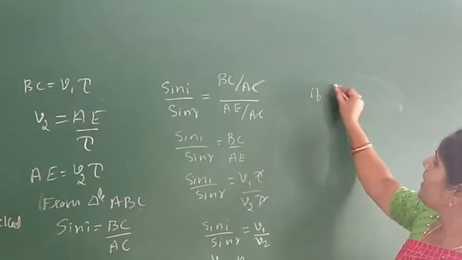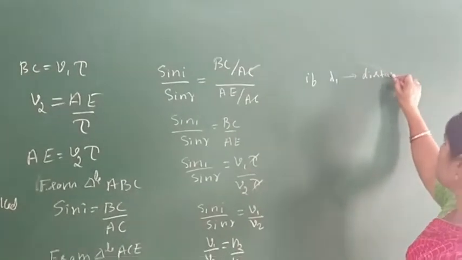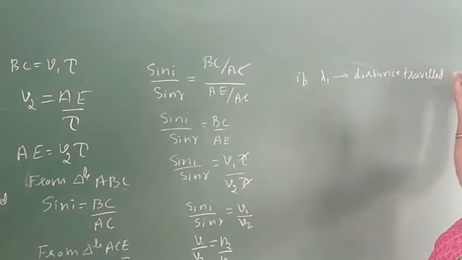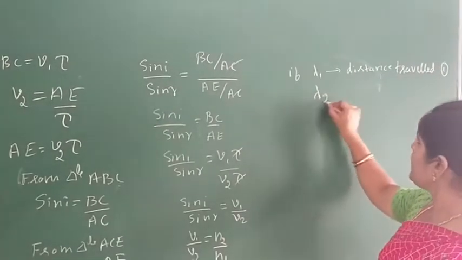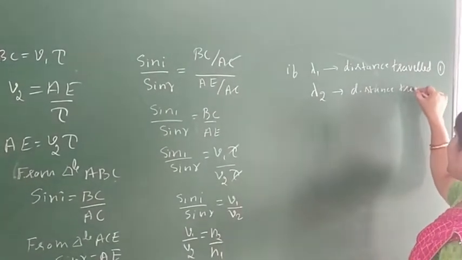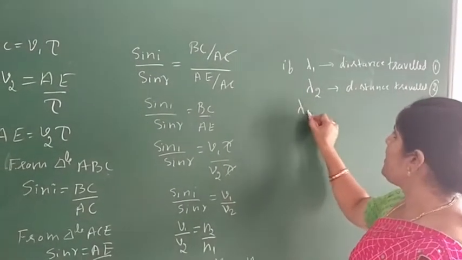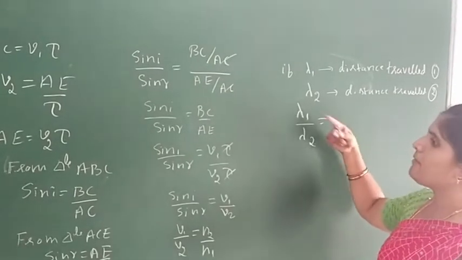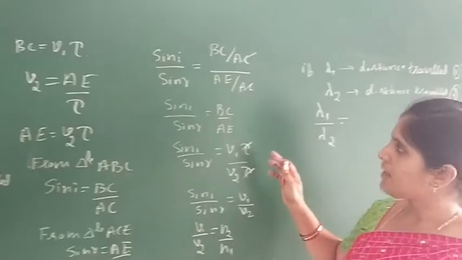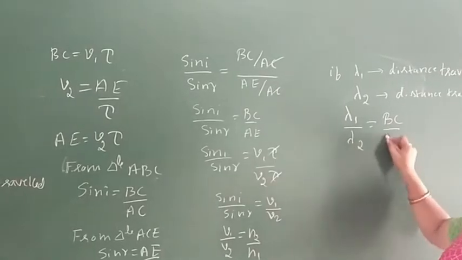Suppose lambda 1 is the distance travelled in the first medium and lambda 2 is the distance travelled in the second medium. Then lambda 1 by lambda 2 becomes the distance travelled in the first medium to the distance travelled in the second medium. What is the distance travelled in the first medium? That is BC. The distance travelled in the second medium is AE.